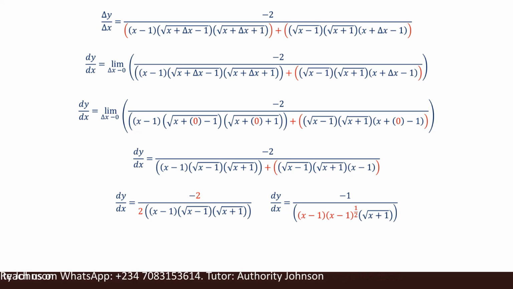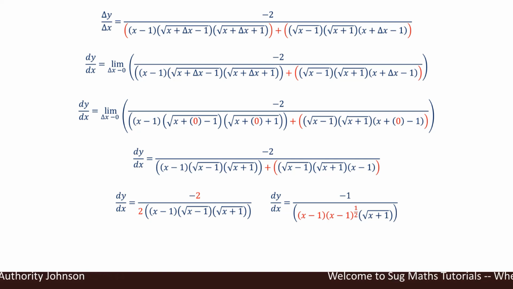Now look at this carefully. Here we have x minus 1 and the square root of x minus 1. So this square root of x minus 1 is the same thing as saying x minus 1 in bracket raised to the power of 1 all over 2. So here we have x minus 1 raised to the power of 1 multiplied by x minus 1 raised to the power of 1 all over 2.